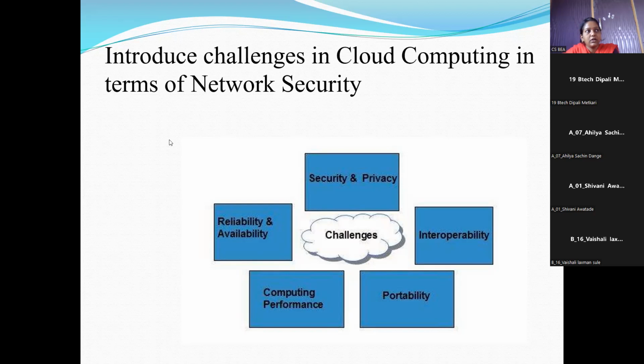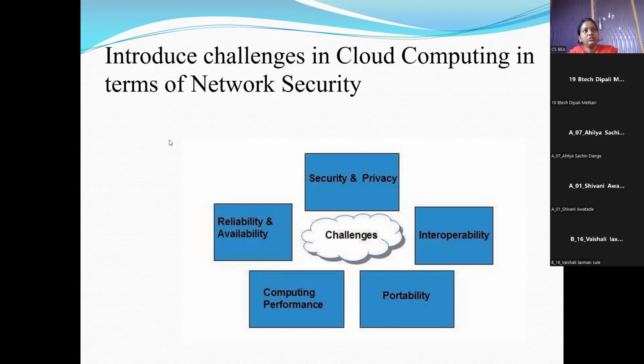Suppose, for example, I'm right now using the cloud that is provided by Google. All my data is there on Google Cloud.